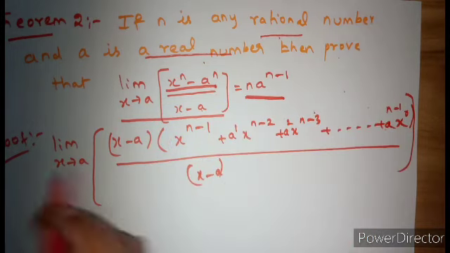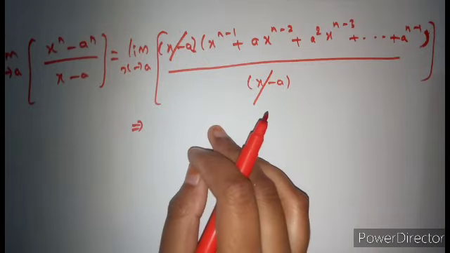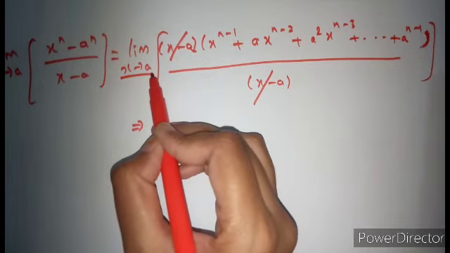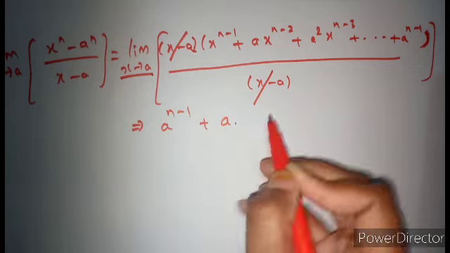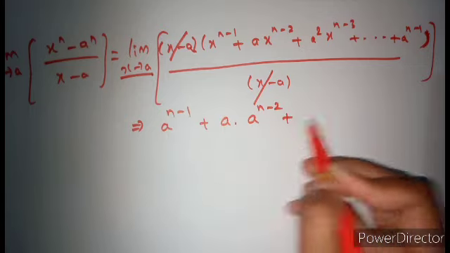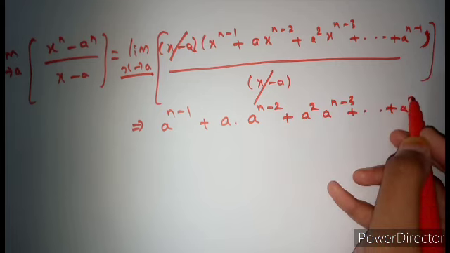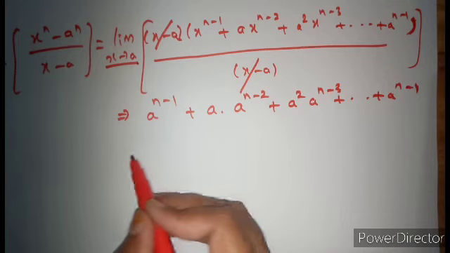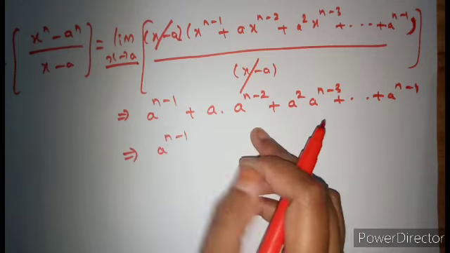So I am considering this. Now x minus a gets cancelled. Since x is tending to a, put a in place of x. So a power n minus 1, a as it is, a power n minus 2, again a square, a power n minus 3 and so on up to a power n minus 1. Now in high school they have taught you that if bases are same, powers can be added.